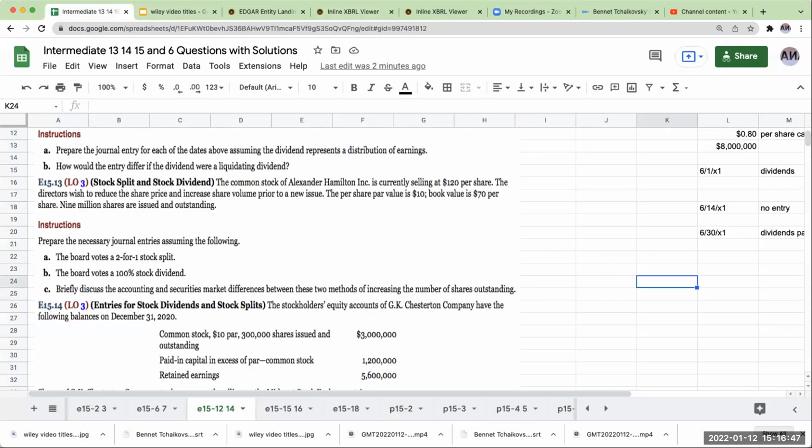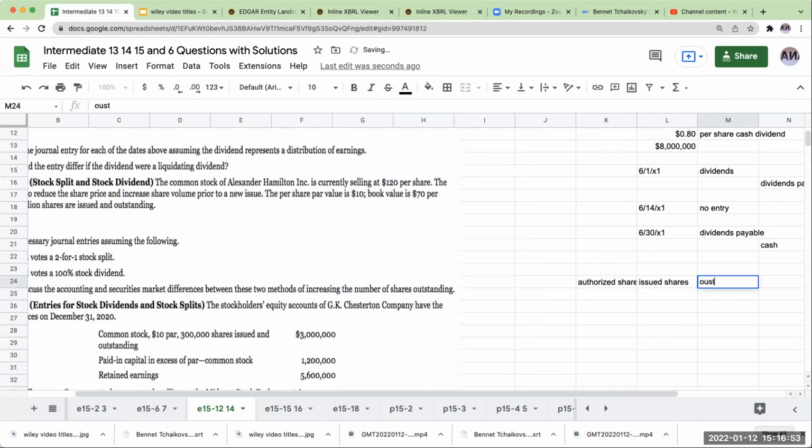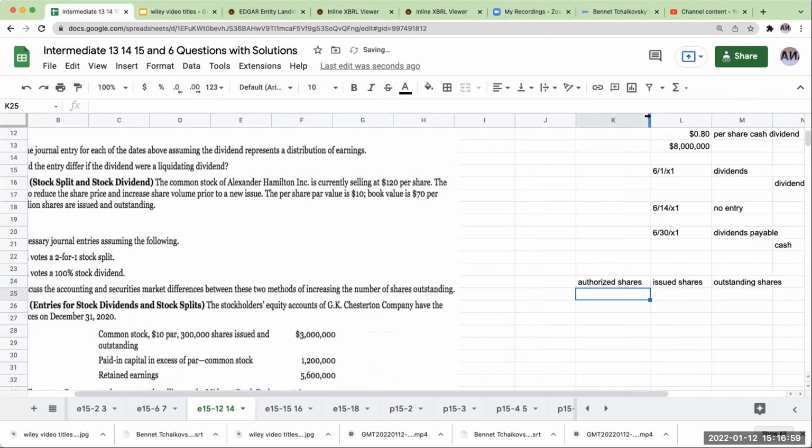So my authorized shares, this is where in my articles of incorporation, I'll come out and say the company's authorized to issue 1 million shares of stock. It might be 10 billion shares of stock. Whatever it might be, just remember I can always start small and end up going big, right?